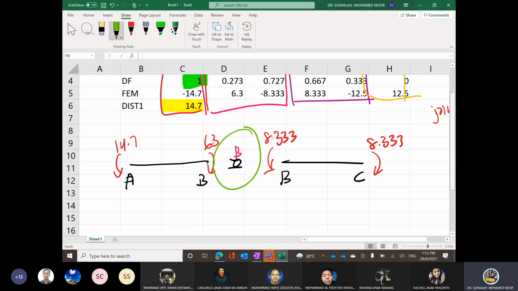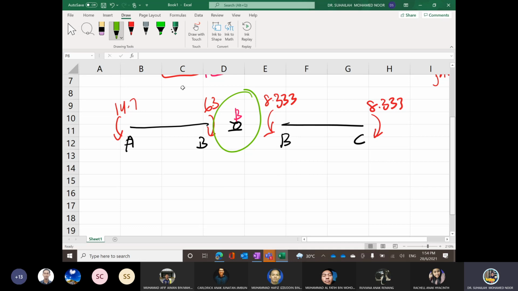Remember that the fixed end moment is the internal moment in the table, internal moment or member end moment, and the member end moment is opposite with the joint moment. So the process is like this.